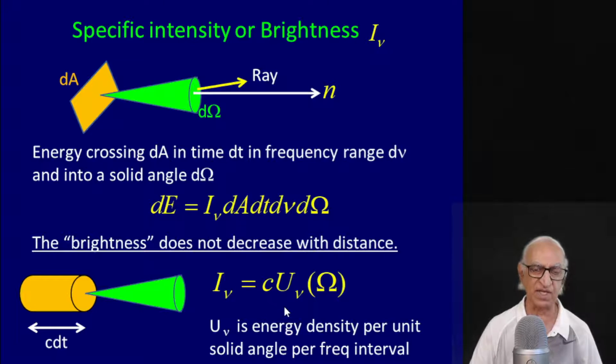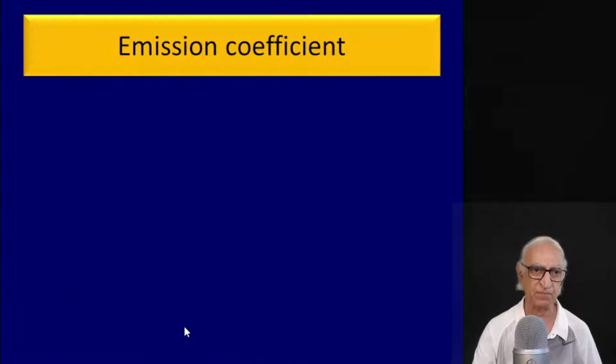And U nu is the energy density per unit solid angle per frequency interval. So, all I'm saying is that as long as I'm considering a cylinder of length c times dt, then I am guaranteed that all photons moving in this direction will go through this surface and enter this cone in a time interval dt.